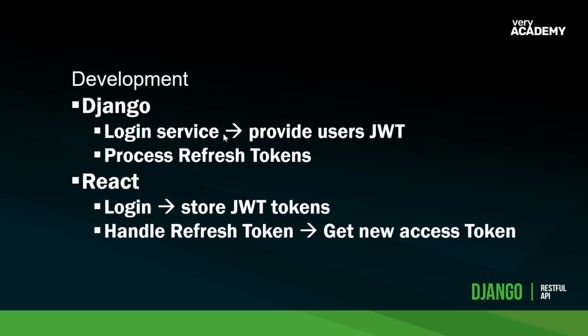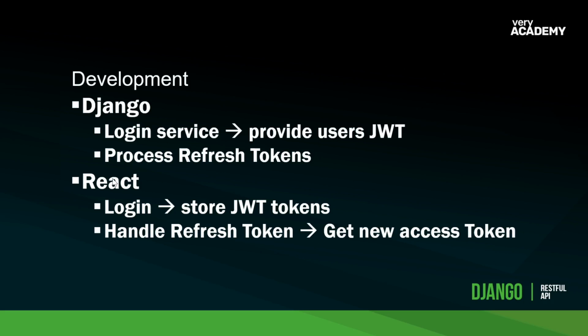So we're going to need to serialize that data, similar to what we did in the first tutorial. And then once we've done that, Django needs to issue a JSON web token. So those two tokens I mentioned, the access token and the refresh token. That's pretty much all that Django needs to do there.